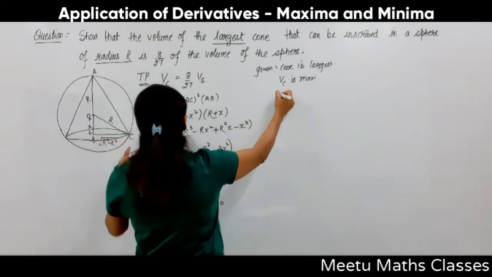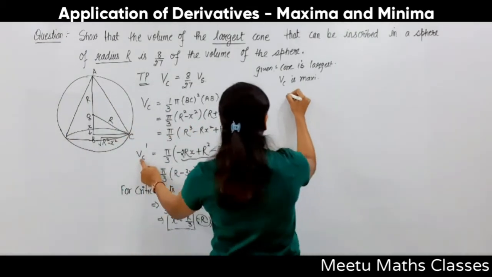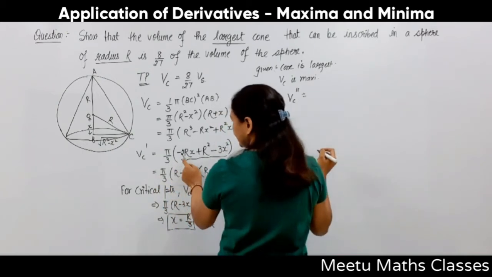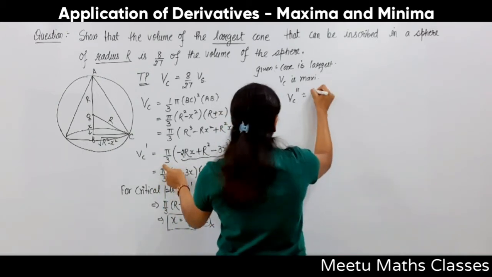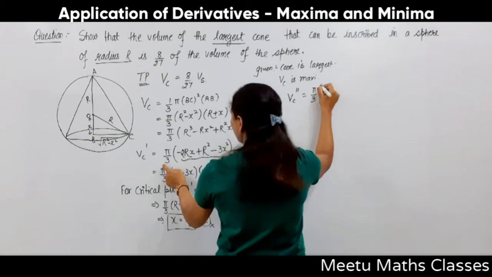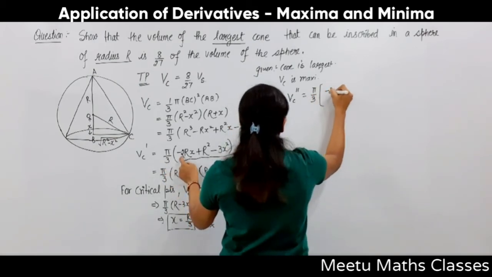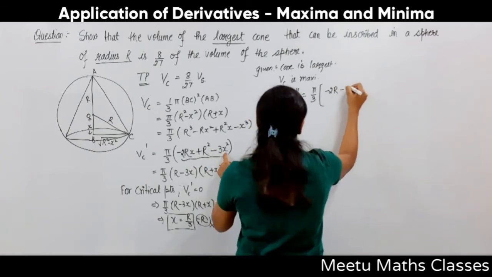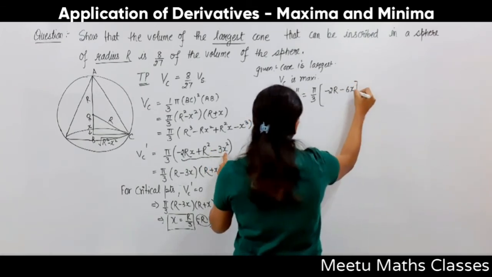For that we are going to take the second derivative of your function. In this step, if you take the second derivative, then this will be minus 2r, the derivative of r square is 0, minus 6x.